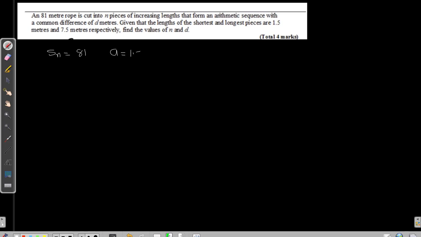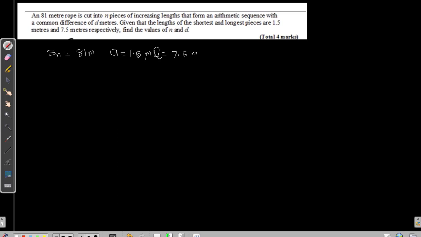That's the first term, and we assume that it's increasing, because it's real length, so it's not negative, it's positive. And the longest piece is 7.5. So I'll call the last one lowercase l equal to 7.5 meters. This is 81 meters.